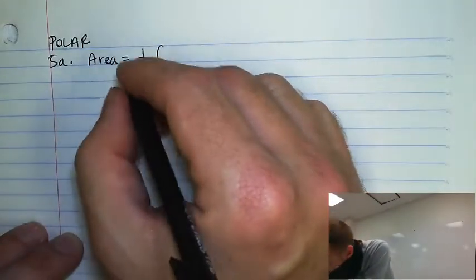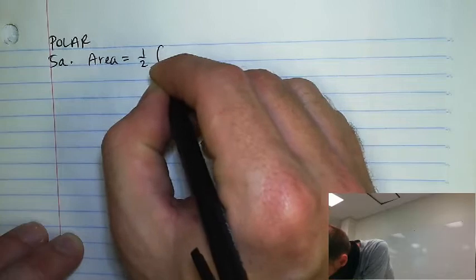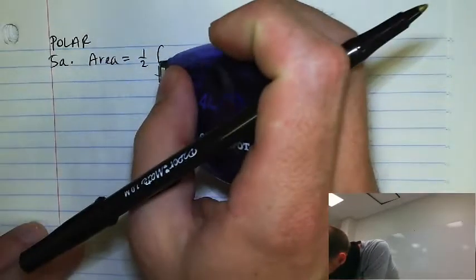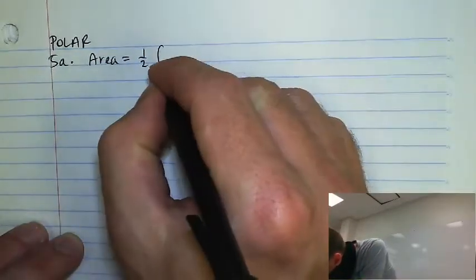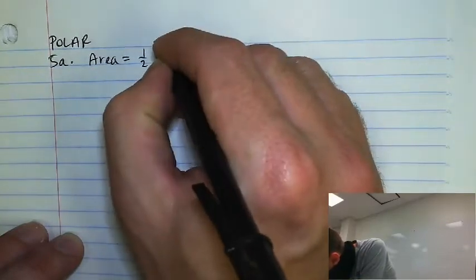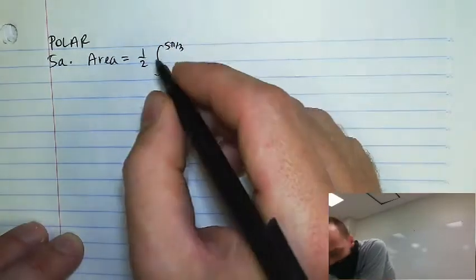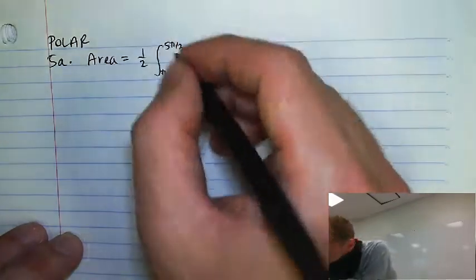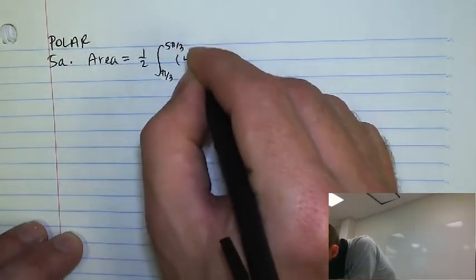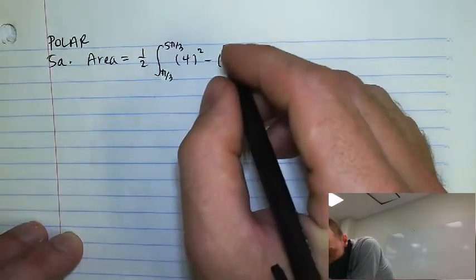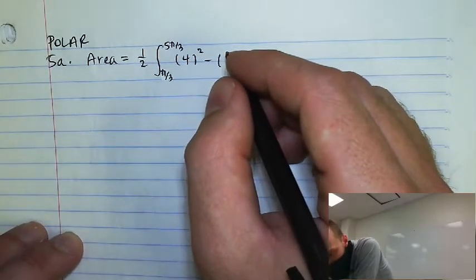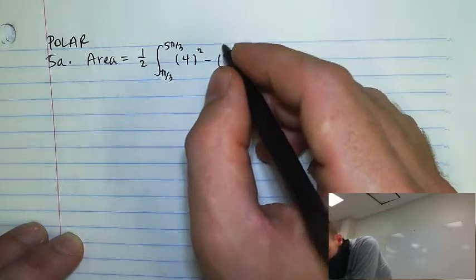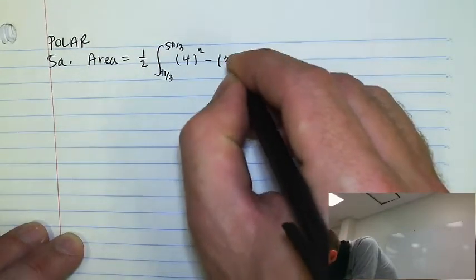It's pi over 3 and 5 pi over 3. Start at pi over 3 and we'll run all the way to 5 pi over 3. And the big one, the outside one, is going to be the circle. That's r equals 4. And the inner one, I believe that's a limaçon. That's 3 plus 2 cosine theta.